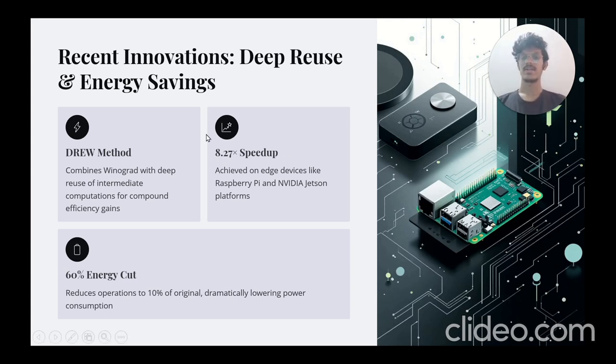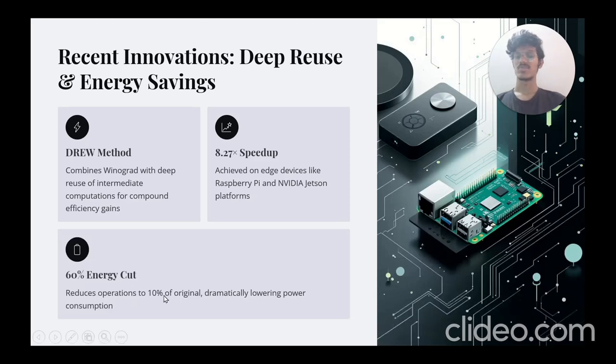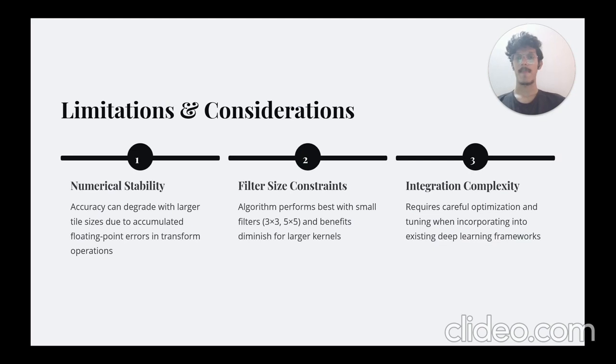This obtains an 8.27 times speed up on edge devices like the Raspberry Pi and the NVIDIA Jetson platforms. It also has a 60% energy cut, reducing operations to 10% of the original, dramatically lowering power consumption.